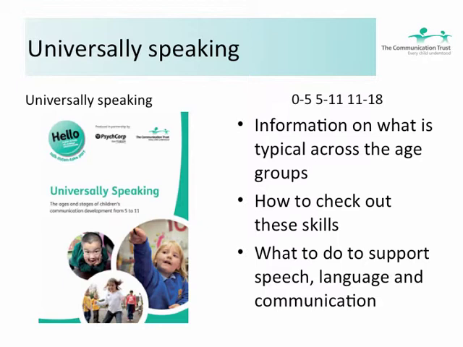And then some ideas about how to support speech, language and communication. There are lots of other things also available, ages and stages posters and those sorts of things. But University Speaking sets it out in a very clear and accessible way what to expect at different ages for children's development.